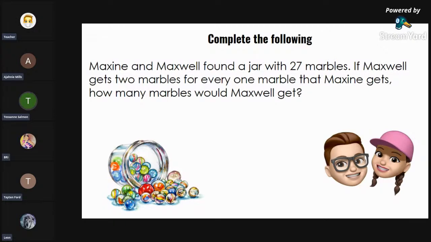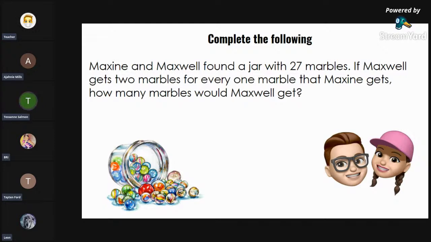And then 8 to 4, 10 to 5, 12 to 6, 14 to 7, 16 to 8, 18 to 9. So that is where we get to it. So Maxwell would have 18 and Maxine would get 9. And if we add 18 and 9, we'll get back our 27.